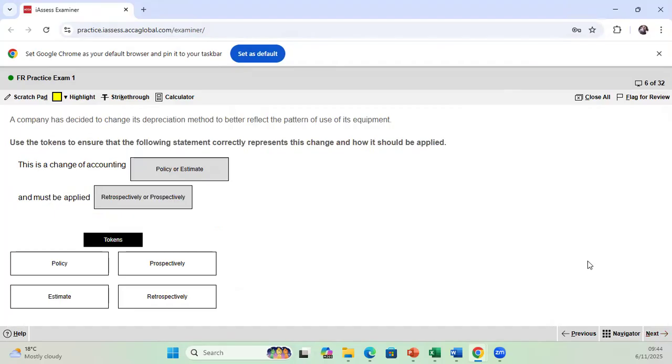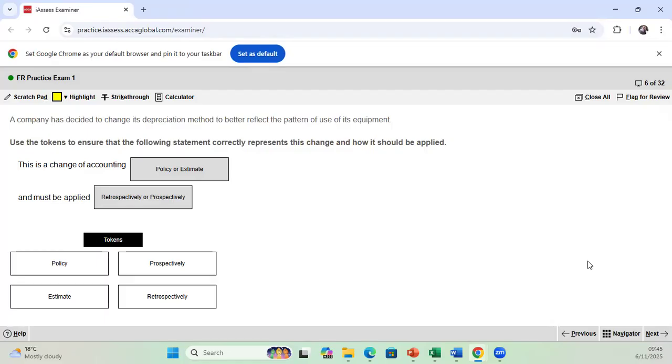Let's move on. A company has decided to change the depreciation method to better reflect the pattern of use of its equipment. Use the tokens to ensure the following statement correctly represents this change and how it should be applied. So when it says we have changed the depreciation method, it's a change in what?